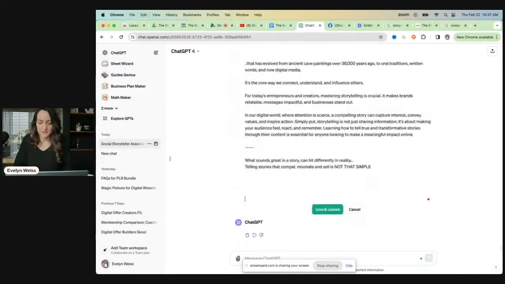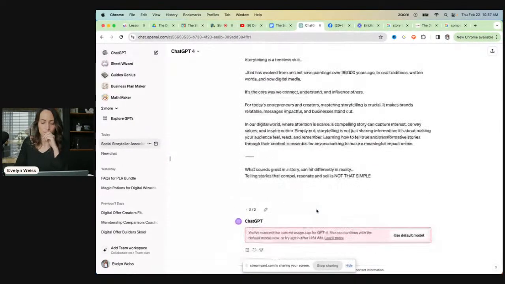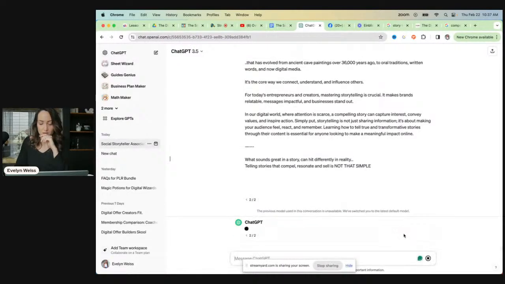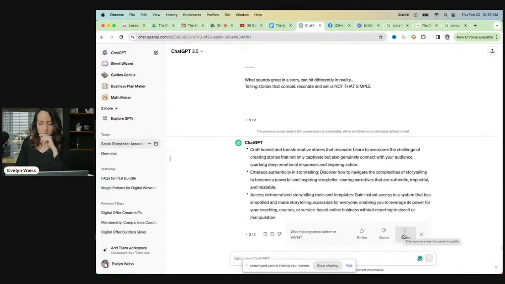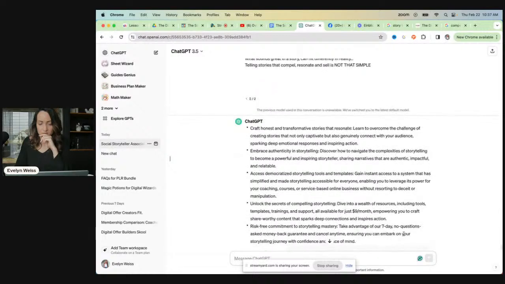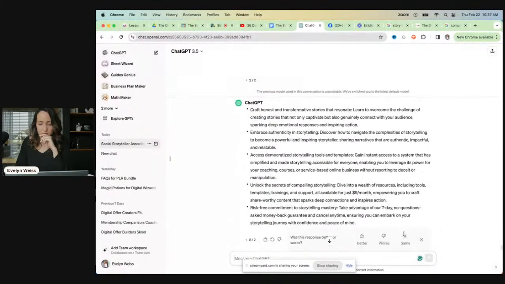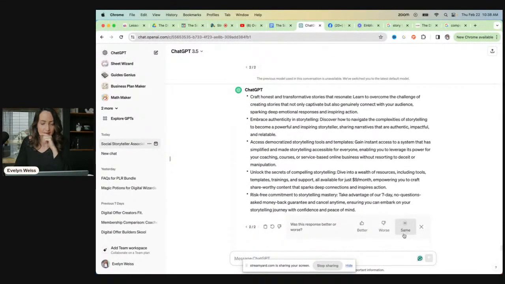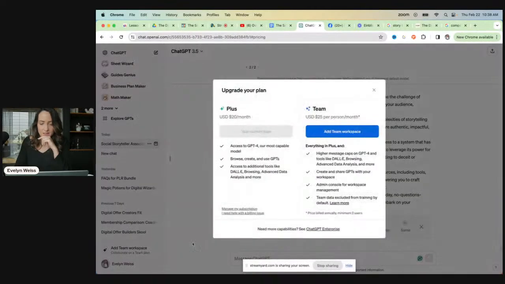Whoops, need to paste this. Okay. Now we can only switch to default model. Now it's getting a little bit more challenging. See, because those are not pain points. Let me see if I actually get higher caps if I upgrade to the team space.